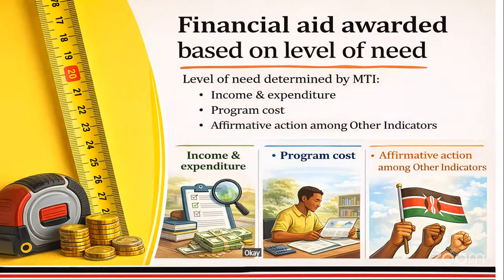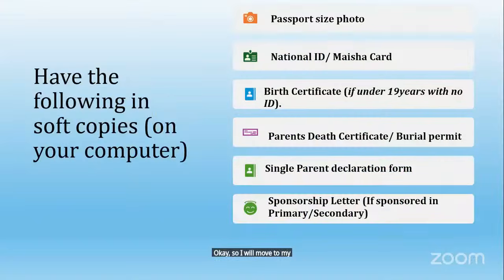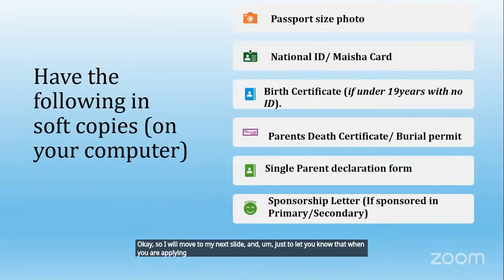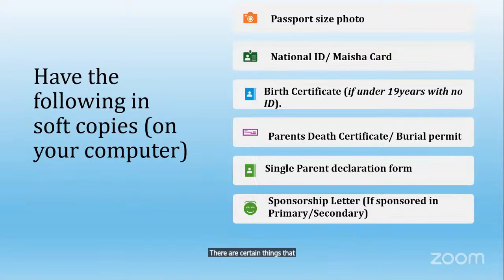Okay, so I will move to my next slide, and just to let you know that when you are applying, there are certain things that you need to have so that you'll be able to do the application and have it done successfully. So there's some documents that you need to have as soft copies, and I will get straight to them.